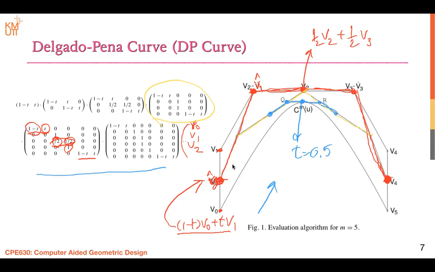Okay, this is a key point in this paper, right? To get the Delgado-Pena polynomials. Okay, we can go to see this paper. I'm not sure whether I gave this paper to you or not.